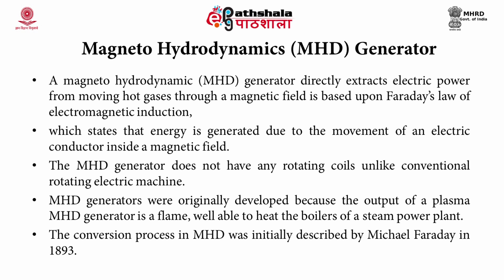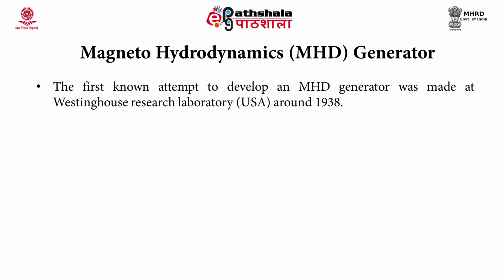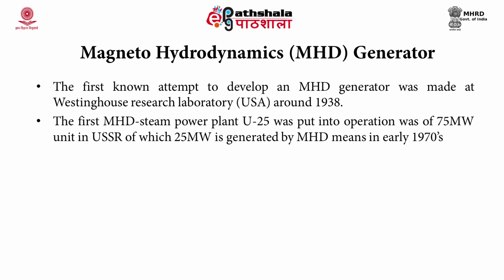The conversion process in MHD was initially described by Michael Faraday in 1893. The first known attempt to develop an MHD generator was made at Westinghouse Research Laboratory, USA, around 1938. The first MHD steam power plant, U25, was put into operation as a 75 megawatt unit in the USSR, of which 25 megawatt is generated by MHD.